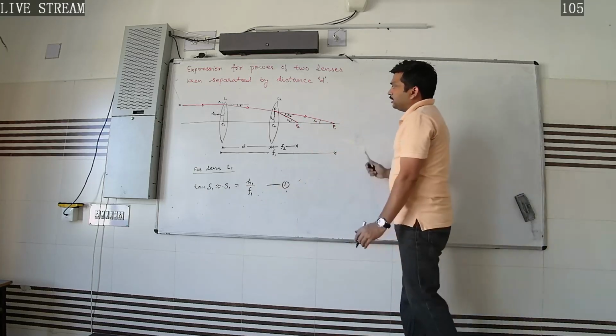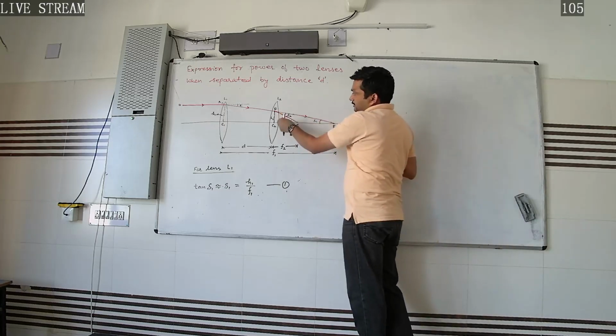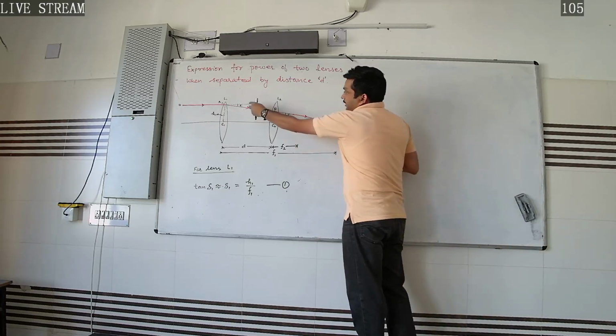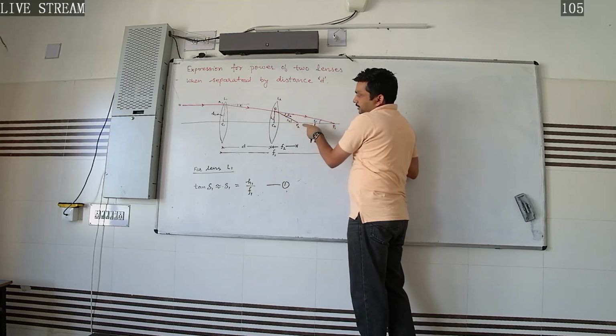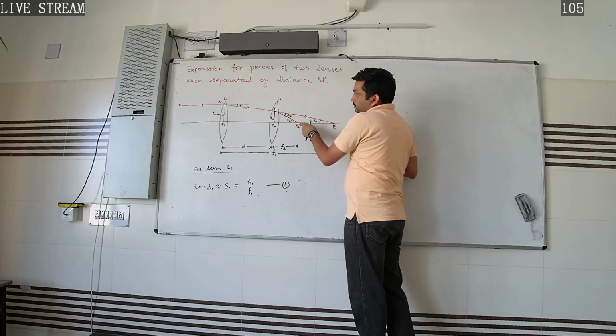Now for lens L2, this ray of light falling on it suffers refraction and gets focused at the principal focus of the lens L2 denoted by F2.